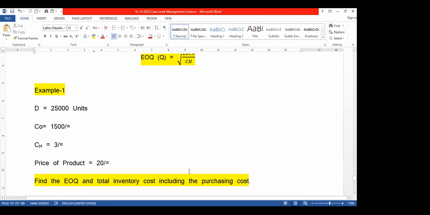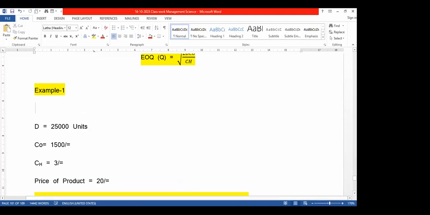The purchasing cost equation is what? Total inventory cost means the total purchasing cost plus total ordering cost plus total holding cost. Total purchasing cost, how much?